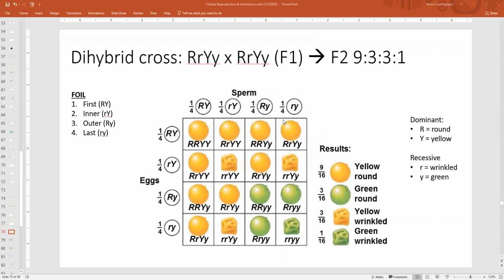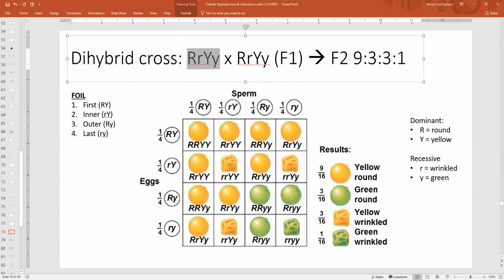All right. So the first question should be, how do we decide what is on each column or row? Right. So you can see we're crossing two individuals. Basically here we're crossing sperm versus egg. We're doing hets. So capital R, lowercase r, capital Y, lowercase y versus the exact same.